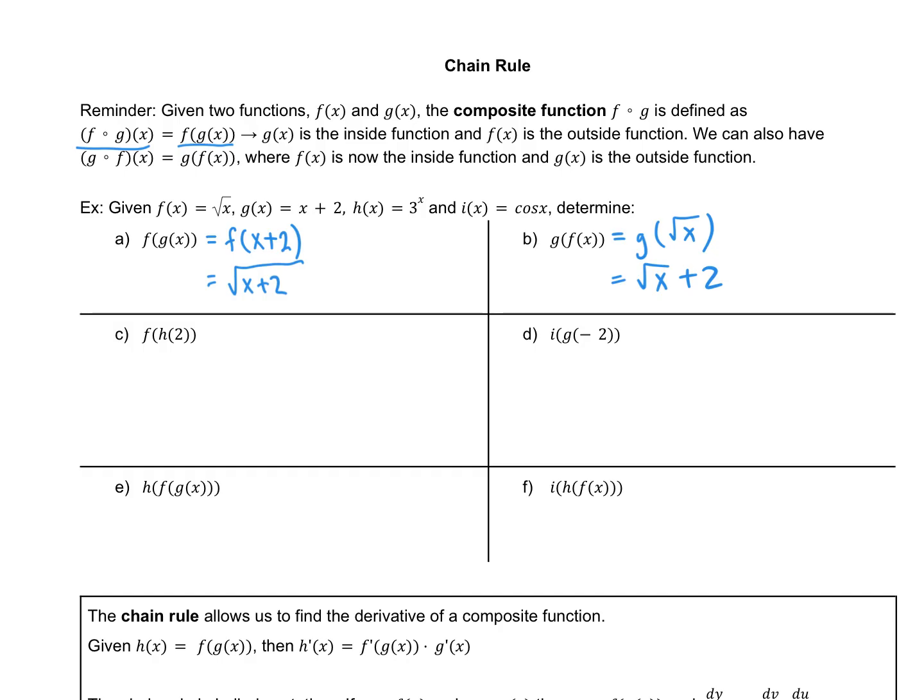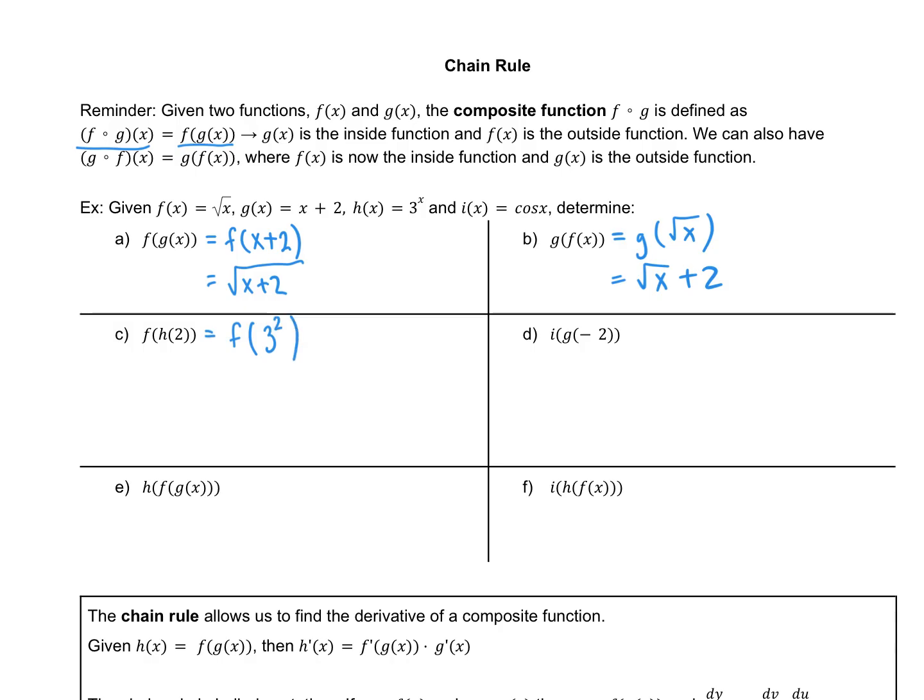In the next two, we're going to evaluate actual points on composite functions. So for f of h of 2, I'm just going to work from the inside out. So in the bracket, I'm going to write what h of 2 is. h of x is 3 to the power of x, so I need to write 3 to the power of 2.